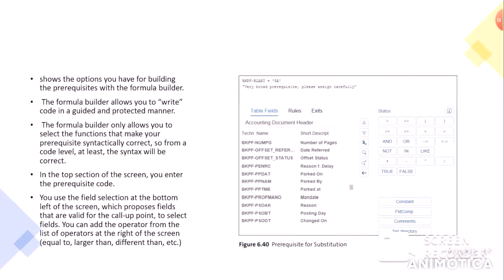So prerequisites for substitution. These are the prerequisites for substitution. It shows the options you have for building the prerequisites. So now we will check prerequisites for substitution.